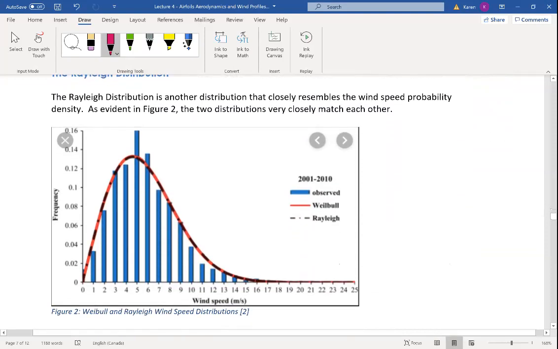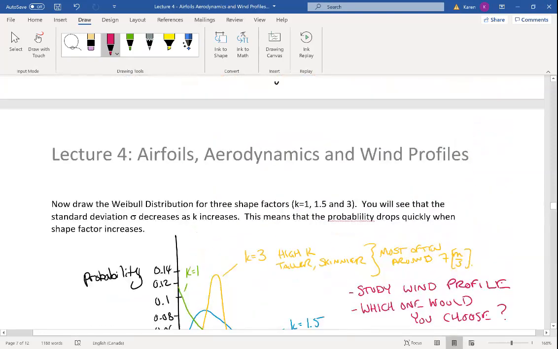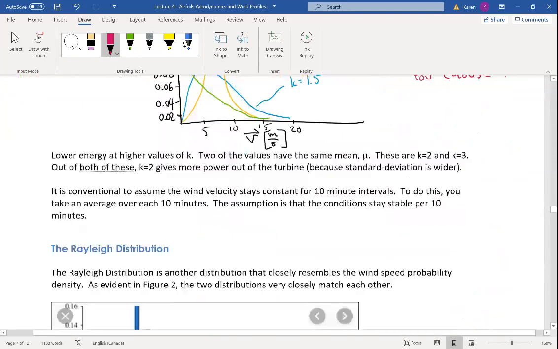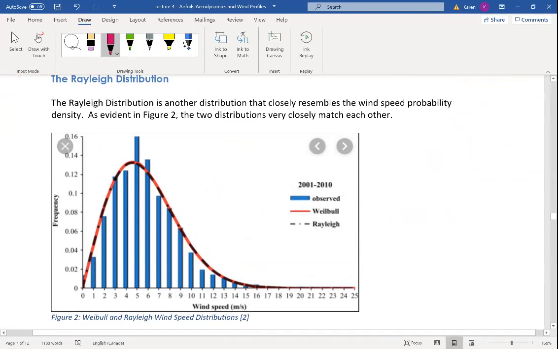Now, sometimes we collect wind speed data and it more resembles a different distribution called Rayleigh. So Rayleigh is almost the same. It's just that this curve is slightly different.